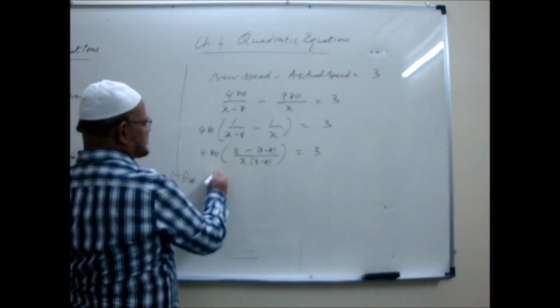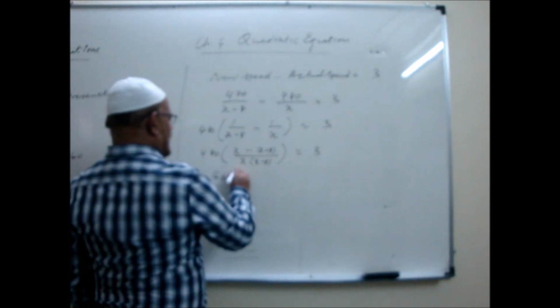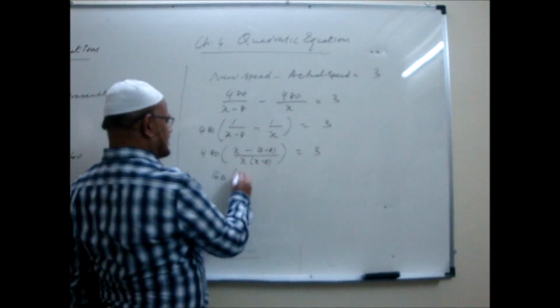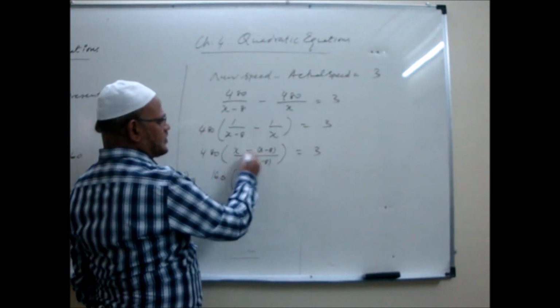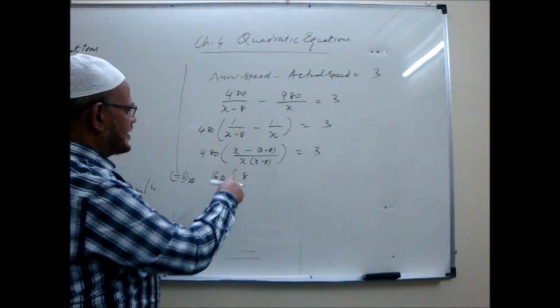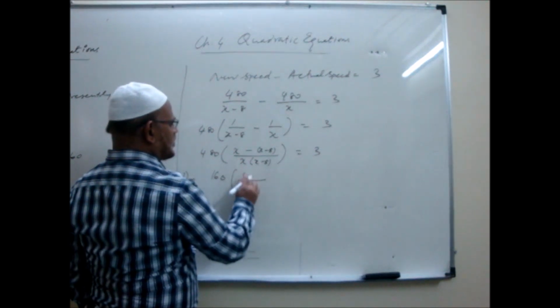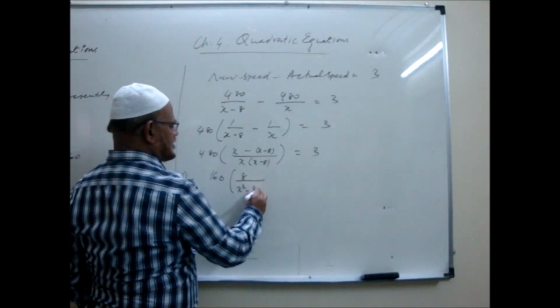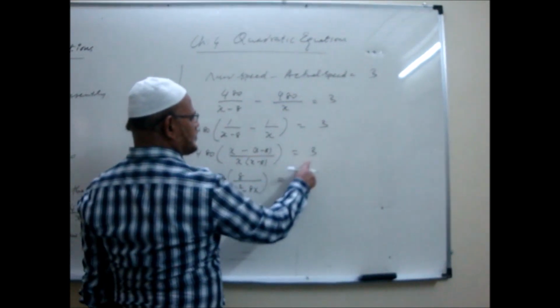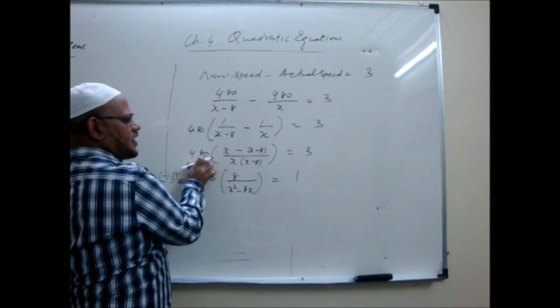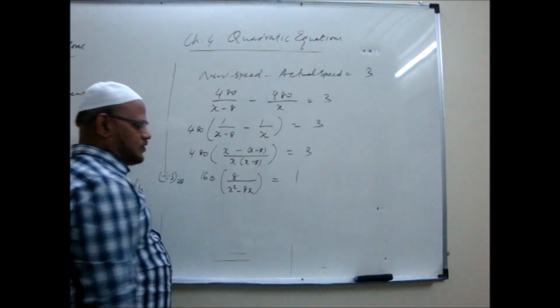So here it is 160, and inside the bracket, if you open the bracket, the X gets cancelled. You get 8 in the numerator, and the denominator becomes X squared minus 8X. On the other side, when I divide by 3, it is 1. 480 by 3 here, 3 by 3 is 1.